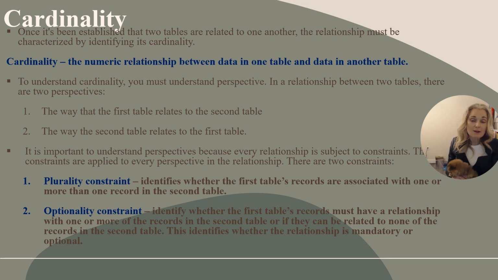This identifies whether the relationship is mandatory or optional. So for example, every order must have a customer, but not every customer must place an order during a certain time period.